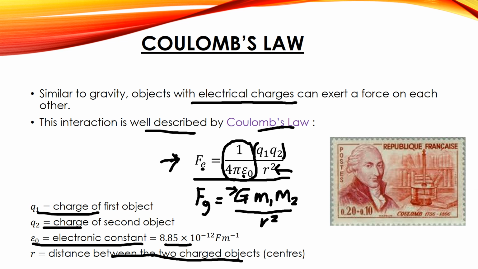Alright, so think about it. And one thing that I want to remind you is this: the force of gravity, if you still remember, is always attractive. Not so in Coulomb's law. In Coulomb's law, we have two types of charge, two polarities. We can have positive and negative, and the electric force here can be attractive as well as repulsive.